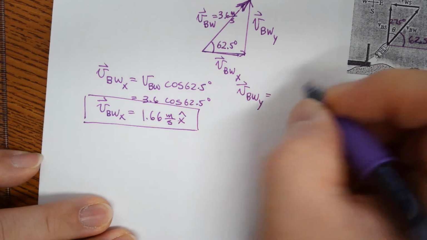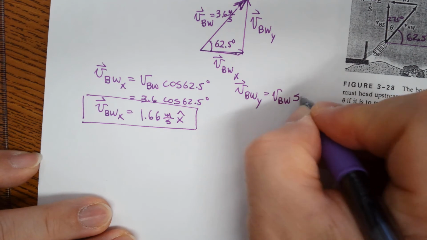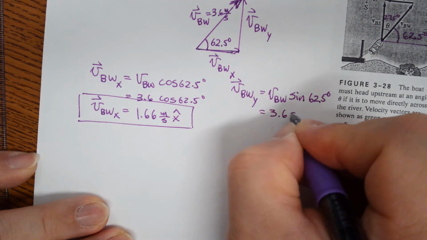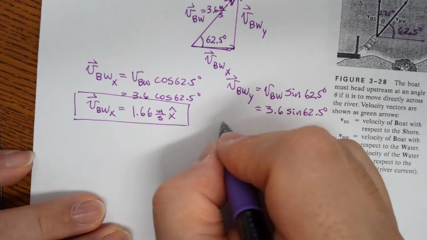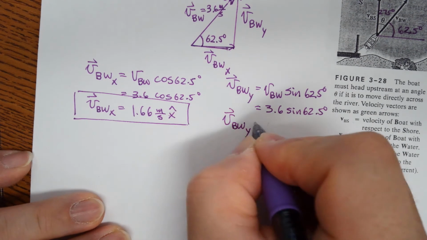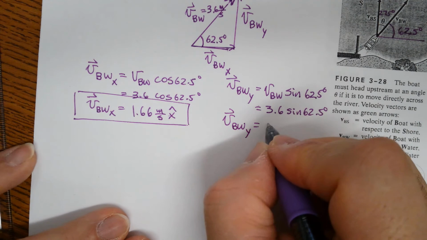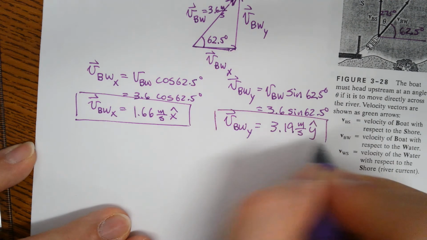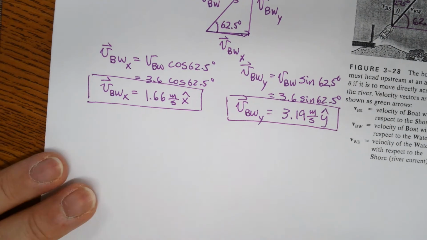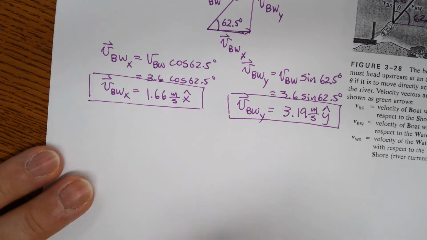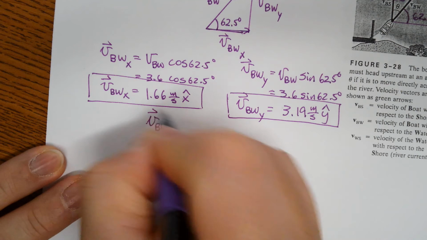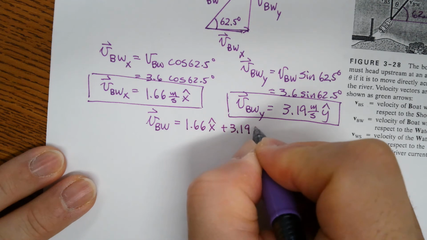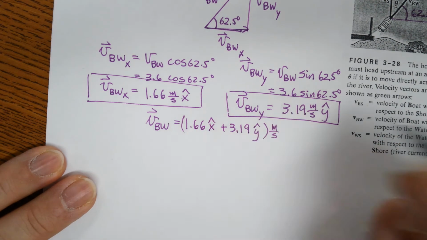VBWY is equal to VBW sine of 62.5 degrees, or simply 3.6 times sine of 62.5 degrees. So my VBWY is something like 3.19 meters per second y hat. So my VBW is equal to 1.66 x hat plus 3.19 y hat meters per second. So that's good to know.